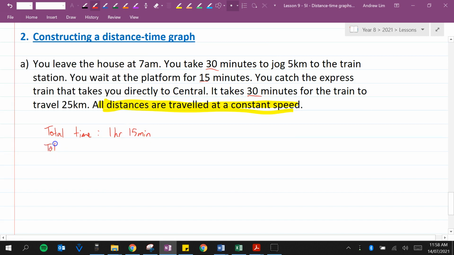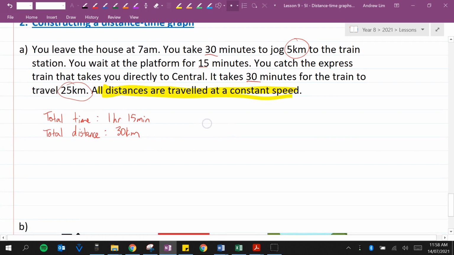And the total distance traveled, we've got 5 kilometers and another 25 kilometers. That's 30 kilometers traveled. Okay, so that's going to help us when we actually construct our axes, so we know how far we need to go.